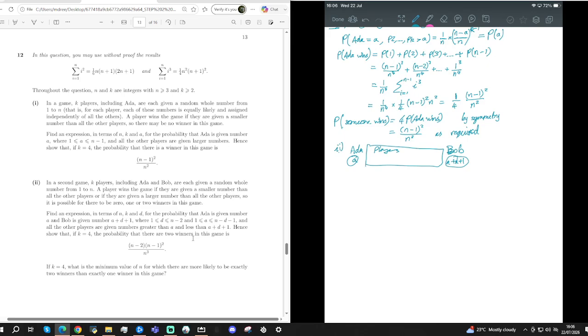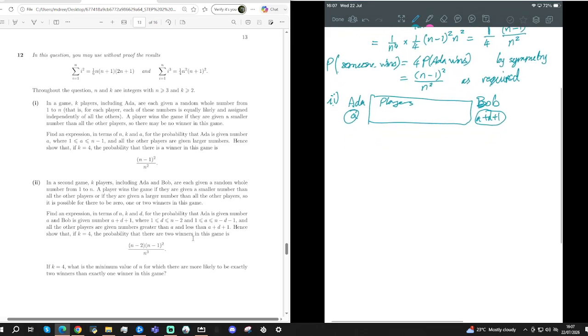Hence we're going to then find the probability of exactly 2 winners. So let's try and find this probability.